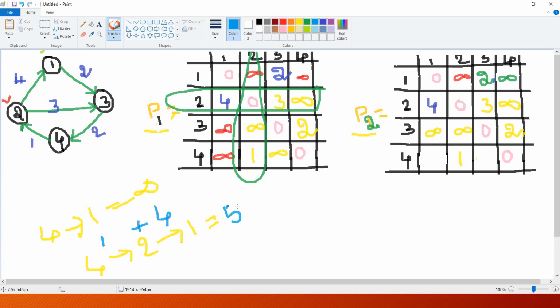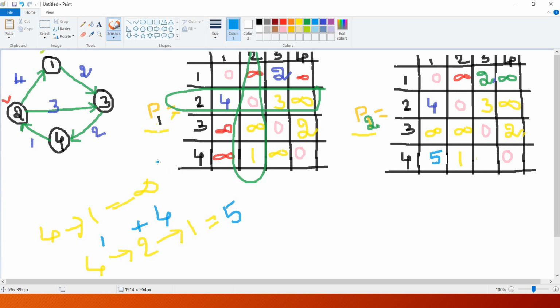Totally we get 5. So interestingly, infinity will be replaced by 5 over here. So 4 plus 1 is 5. So we have eliminated one infinite value with 5.